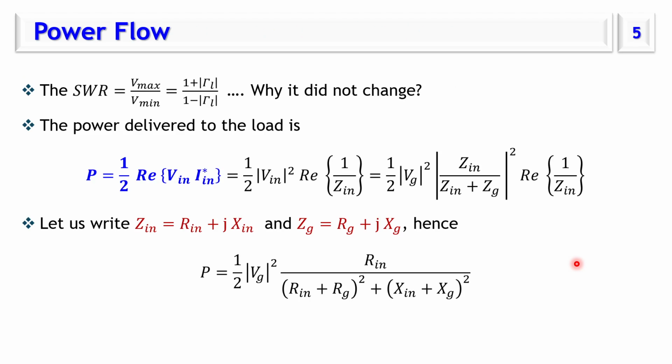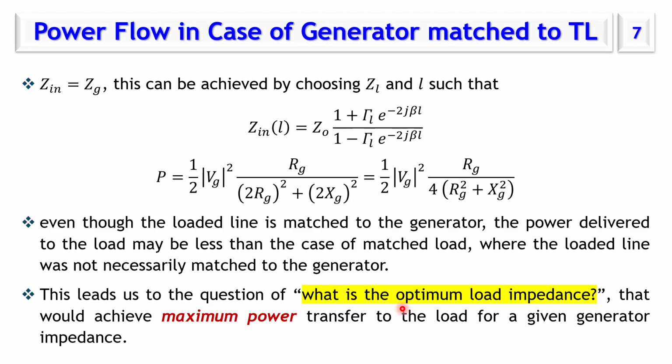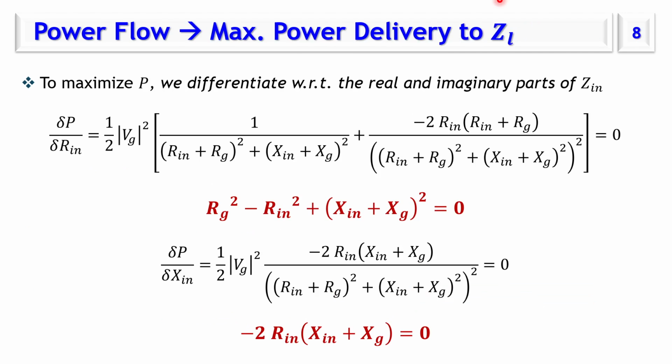So we have two parameters, Rin and Xin. In order to optimize the expression, we take the partial derivative with respect to Rin and the partial derivative with respect to Xin, and equate the partial derivatives to 0. The partial derivative with respect to Rin will give us this expression.